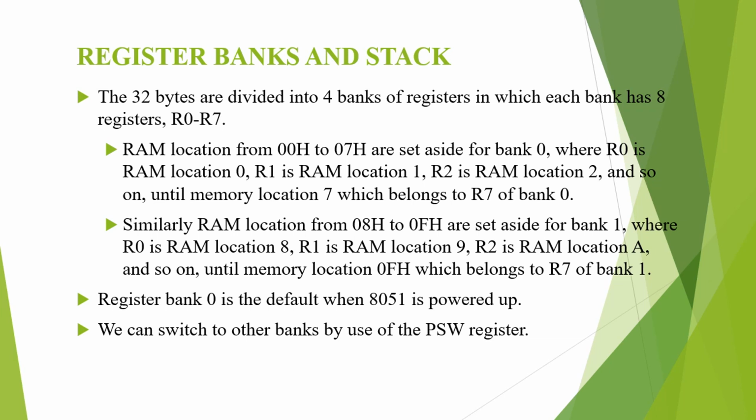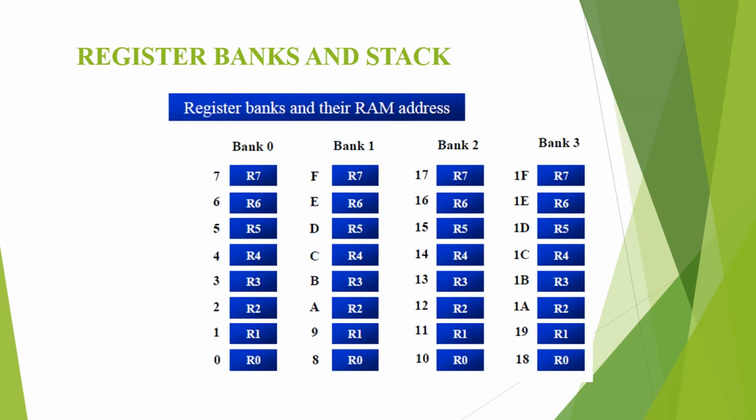We can switch to the other banks by the use of PSW register. So this shows the register banks and their RAM addresses. There are 4 banks, each of 8 registers. The addresses for each bank are shown in the figure.